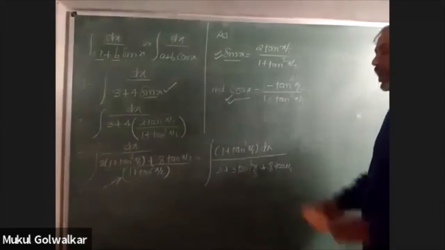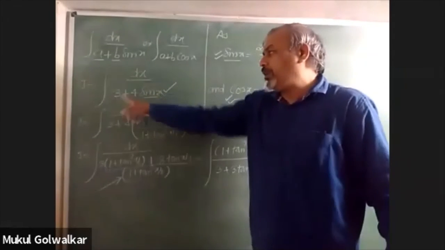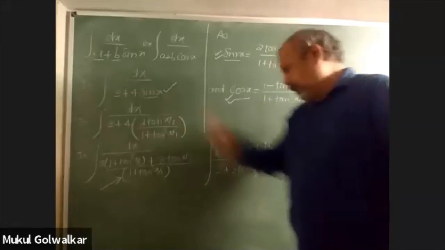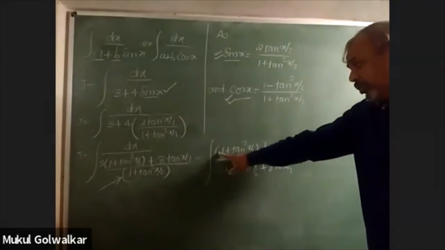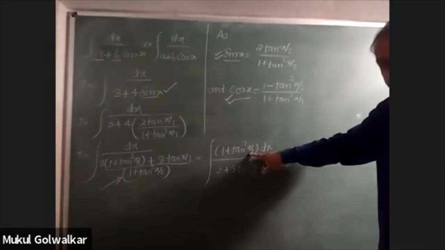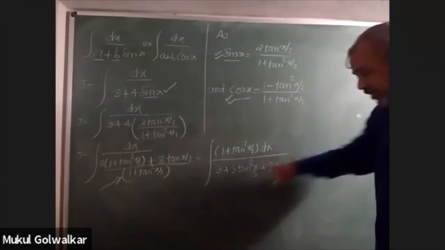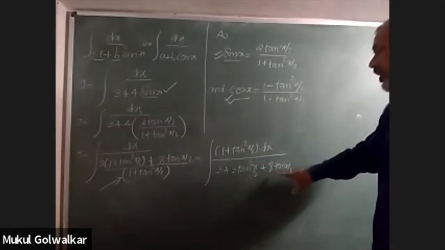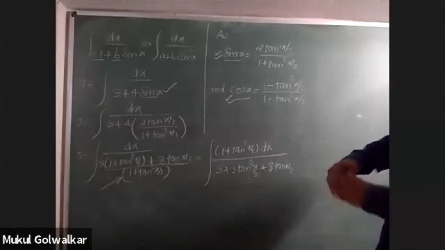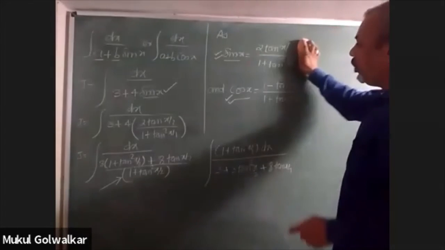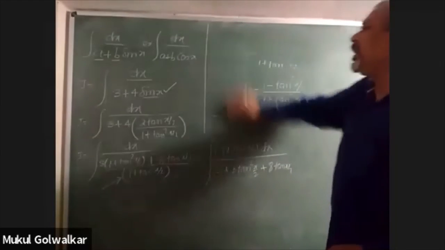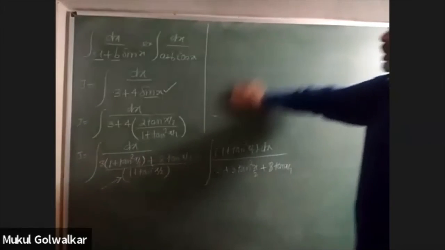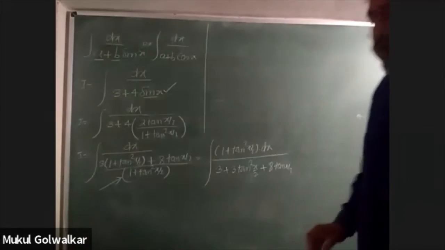So the original function, dx upon 3 plus 4 sin x, is written in the form of 1 plus tan square x by 2 in the numerator into dx divided by 3 plus 3 tan square x by 2 plus 8 tan x by 2. And please allow me to clean this formulae for sin x and cos x. Many a times I will be writing those formulae, so you can write it later also, there is no problem.